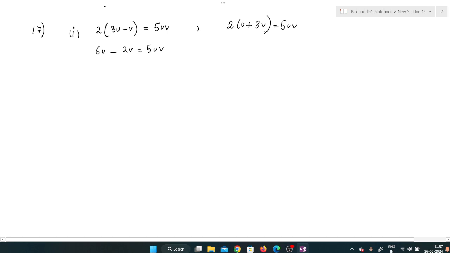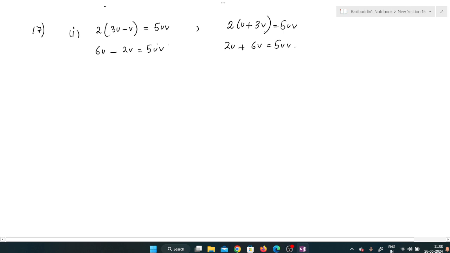Because the degree is 2 here, u1 and v1, so the degree is 2 here. So you need to make it an equation in two variables with degree 1. You need to reduce these equations to linear equations because they are not linear right now. Their degree is 2.